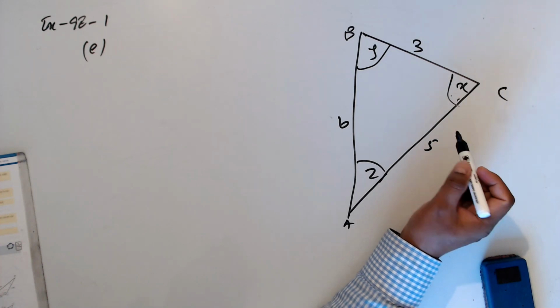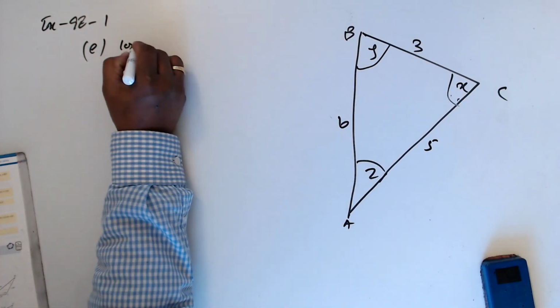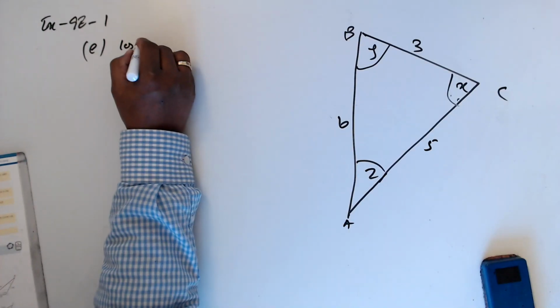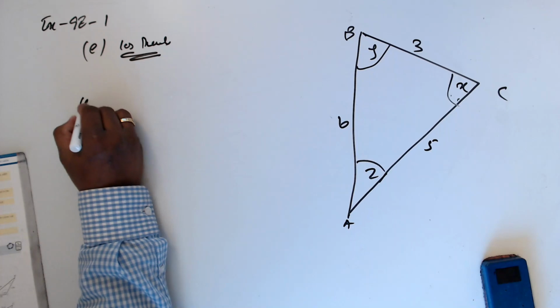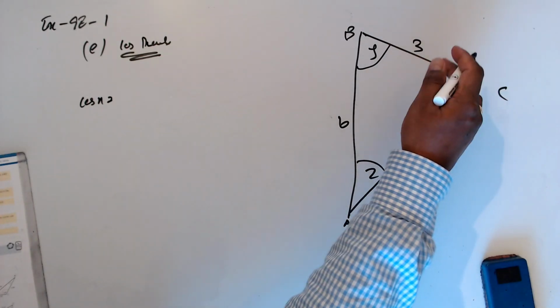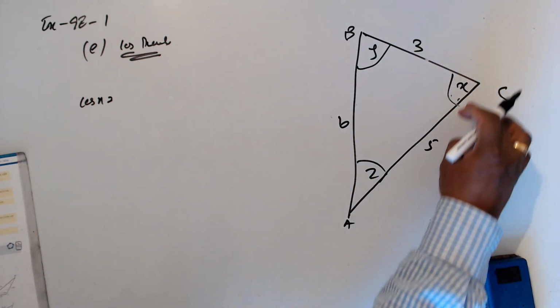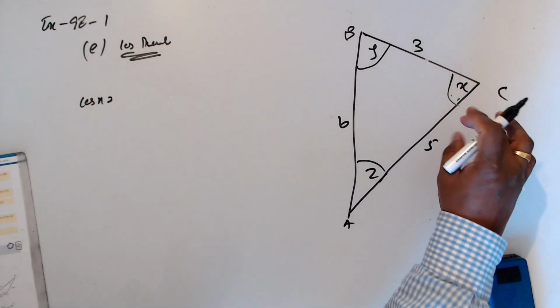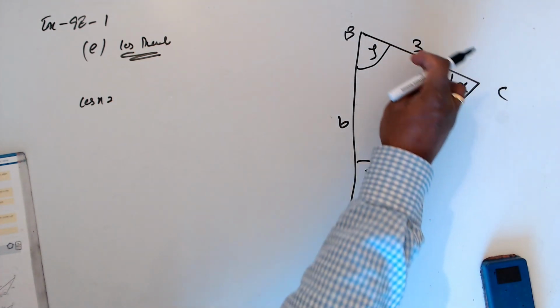So first of all, cosine rule for angle x. cos x equals this one squared plus this squared, minus 6 squared, then divide by 2 times 3 times 5.